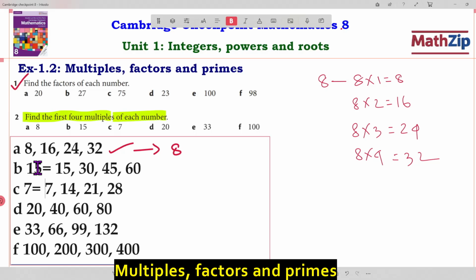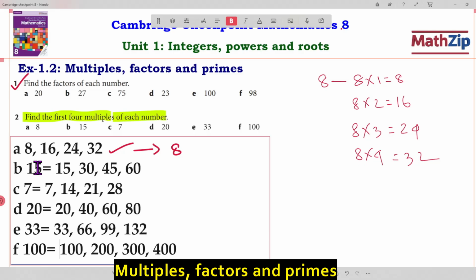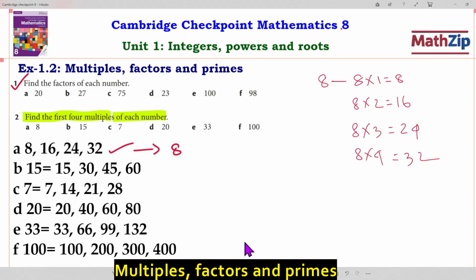So 7, 14, 21, 28. Next 20. 20 can be 20, 40, 60, 80. Then 33. 33, 66, 99, 132, and finally 100. So for 100 the first 4 multiples are 100, 200, 300 and 400.